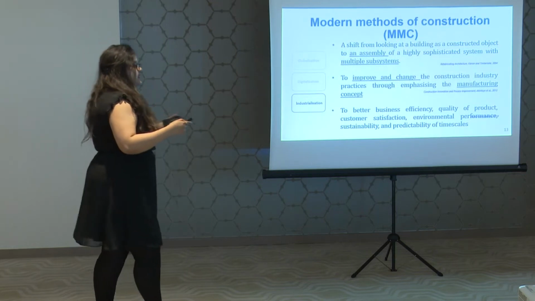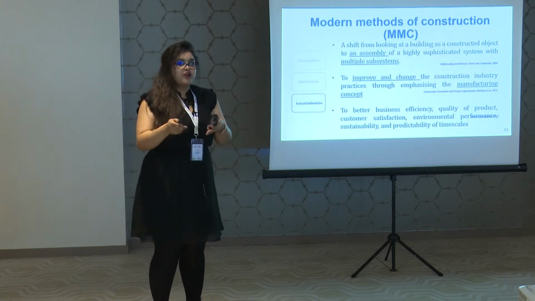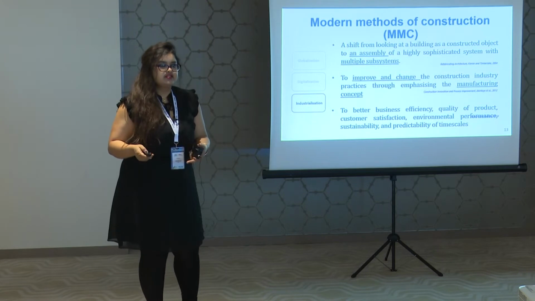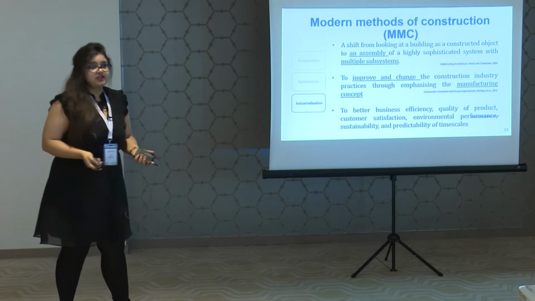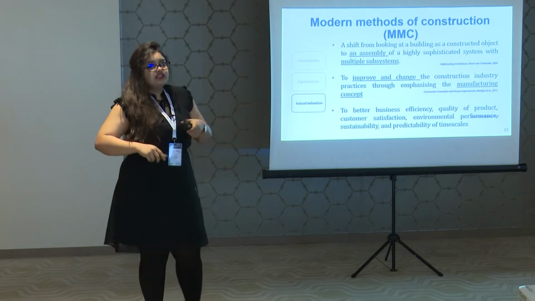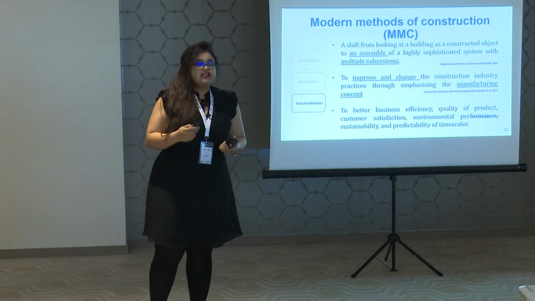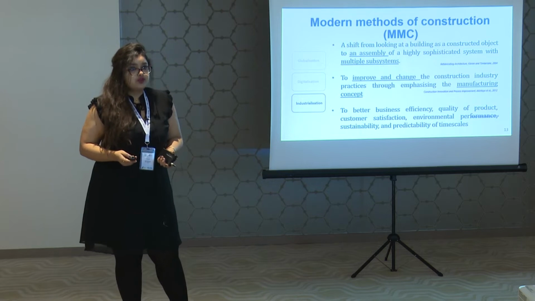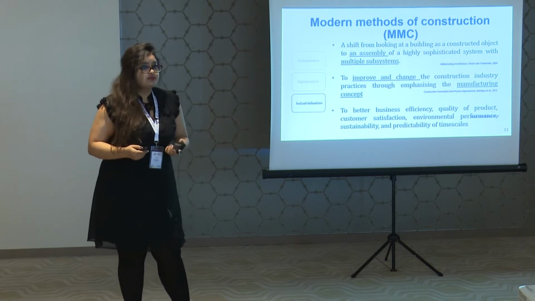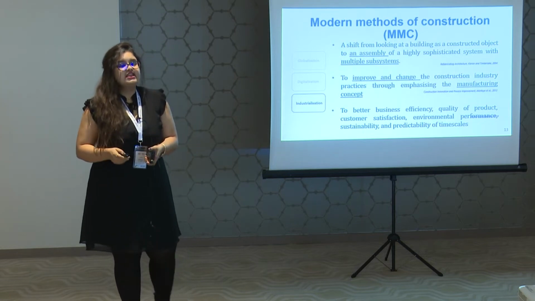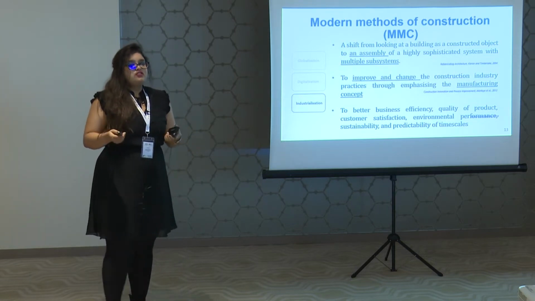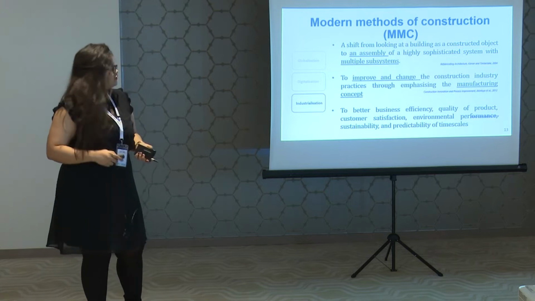Which brings me to the modern part of the smart modern construction businesses. Now, what is modern methods of construction, and why are we talking about it today? So the industry now is sitting on a ticking time bomb because of the aging workforce, because of the acute housing demands, because of housing development strategies of several governments, and the government agencies are now looking at MMC as a solution.